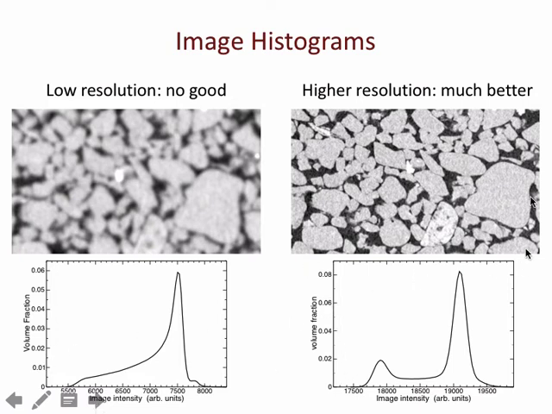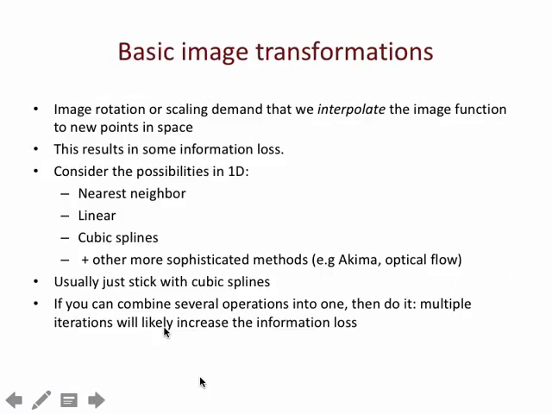Okay? Whereas when you have a higher resolution, it's much better in terms of separating. My eyes see two clear populations in this image, and I see them in the histogram. So this is good for analysis. This probably needs some help. Okay? And that's what we're going to learn how to do.